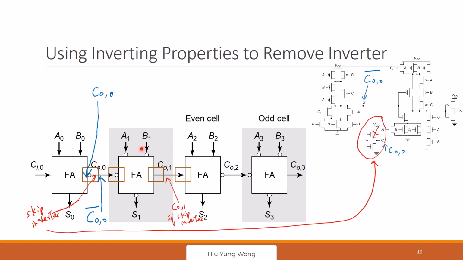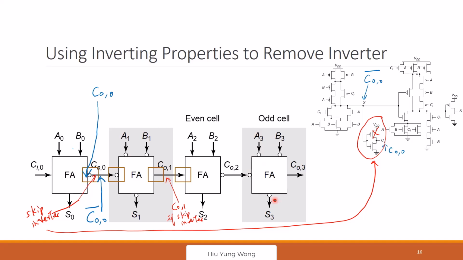But now, which one is the critical path? I guess your carry out is still your critical path. Right, so it doesn't matter if it takes a little bit more time to do this inversion, because when the carry arrives, they are ready already. But even if it doesn't take more time, it still costs power and area, correct? It does, you are right.